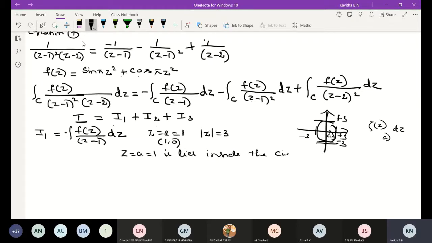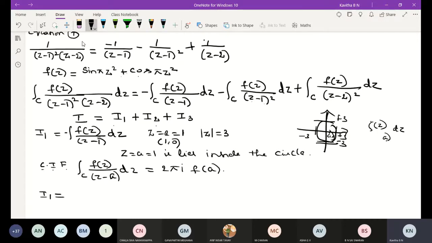Inside the circle. Then we have to use Cauchy's integral formula. Write the formula. Write the formula, and you will get the marks; even if the problem is wrong, at least you will get the marks. Integral over C of f of z by (z minus a) into dz is equal to 2 pi i f of a. Then what will happen?